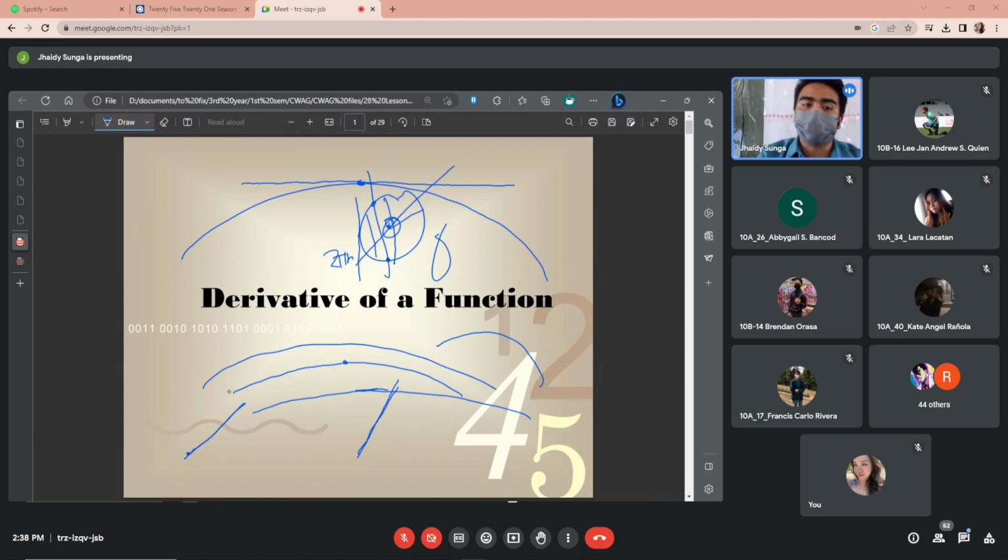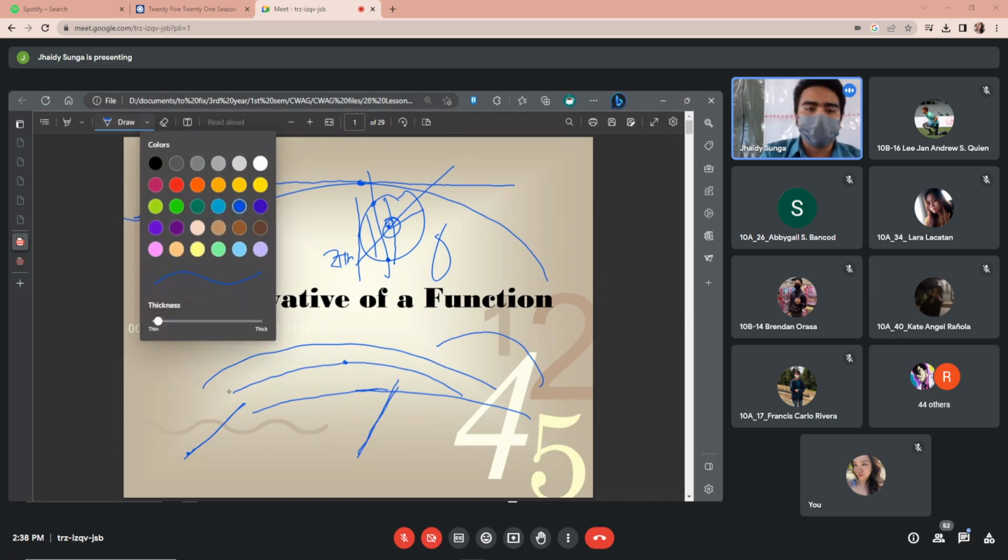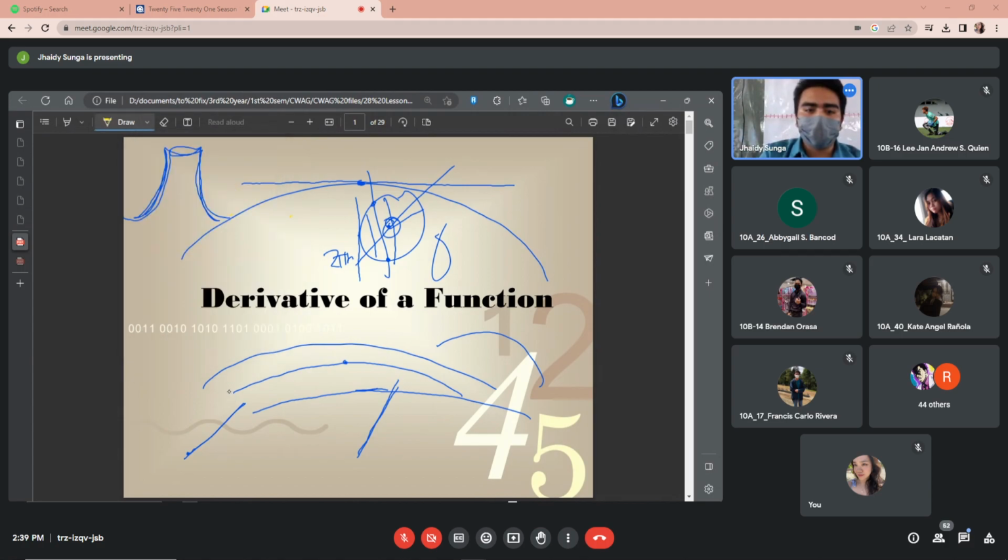For example, let's just say a volcano. The shape of the volcano is like that. When you were in grade 1, your drawing of a volcano was like that. Correct? There's a curve. So when you are starting in here, the steepness of yours is not directly towards the tip of the volcano, correct?